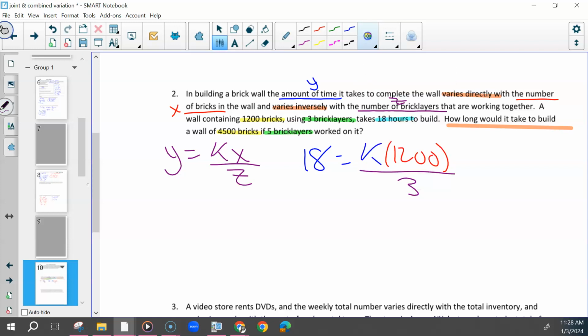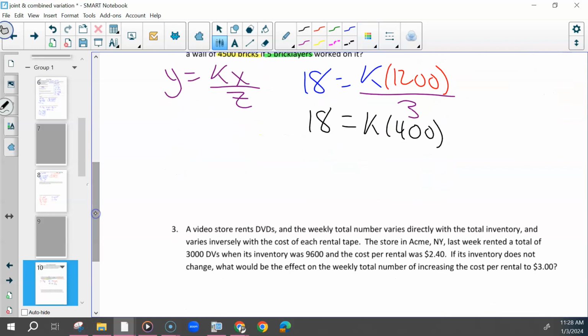What would that give us? 400. And then divide again, solve for k. It's going to be some fraction or decimal. If it's a nice decimal, it's fine. 0.045. What would that be as a simplified fraction?